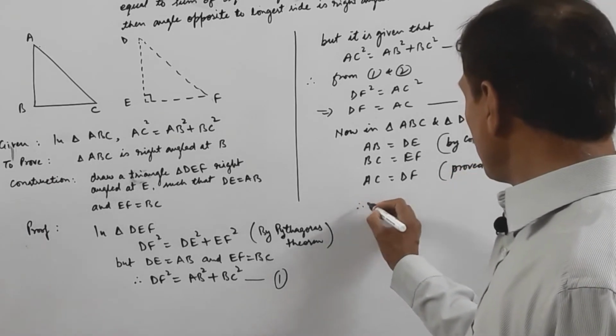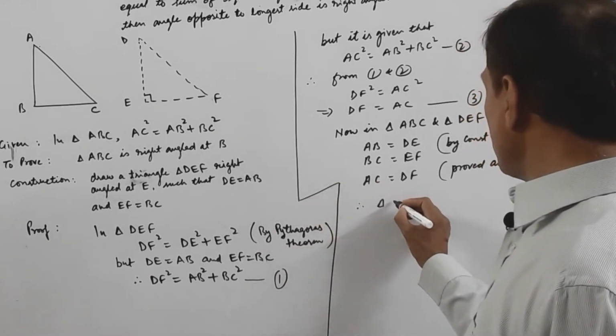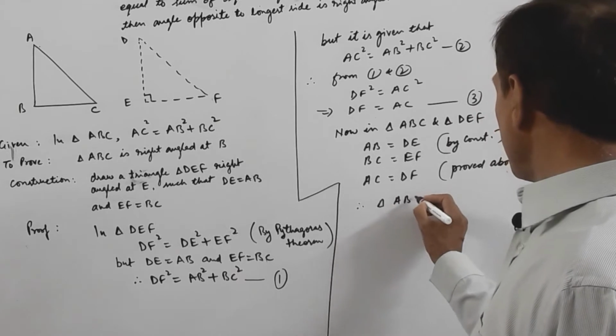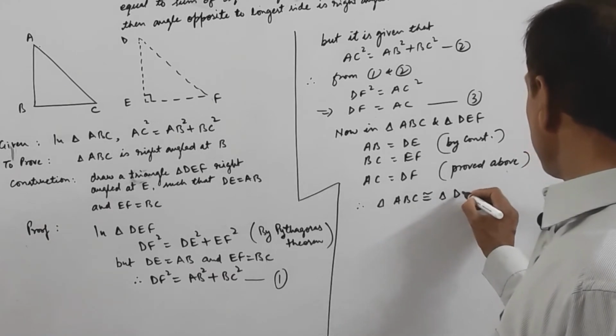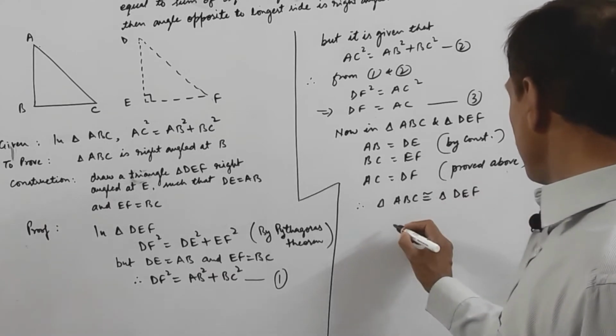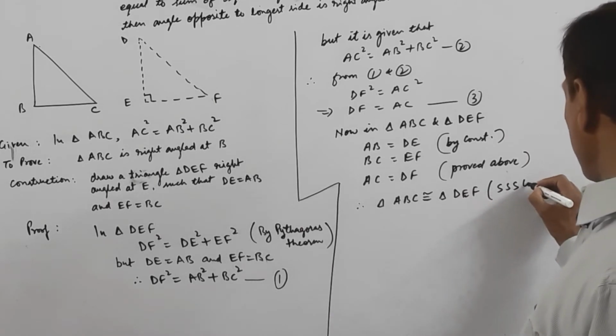Therefore, triangle ABC is congruent to triangle DEF by SSS congruency.